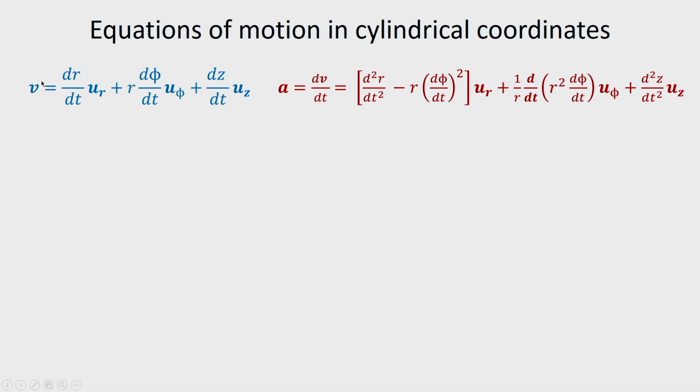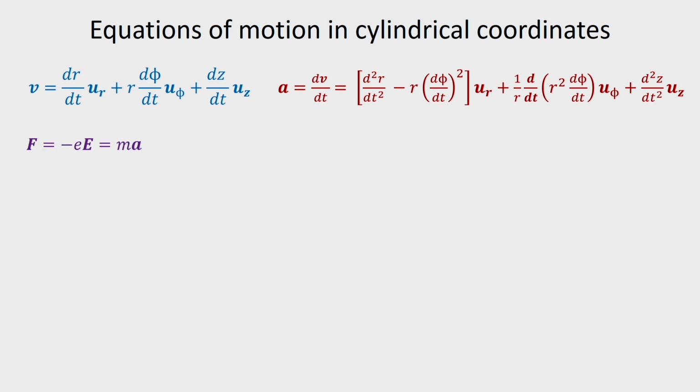Now, the acceleration, which is the time derivative of velocity, can be written in this form. Again, it is shown as its r, φ and z components.